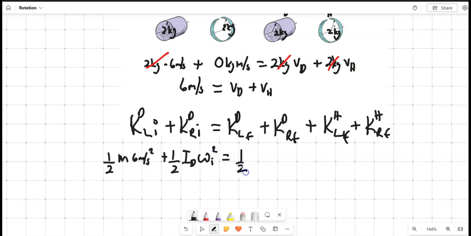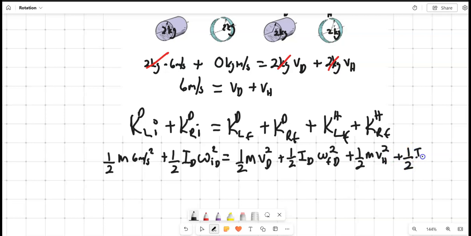That's going to be equal to 1/2 the mass, they all have the same mass, times the disk's final speed squared, plus 1/2 the disk's moment of inertia times its final omega squared, plus 1/2 the hoop's mass times its linear velocity squared, plus 1/2 the hoop's rotational kinetic energy.